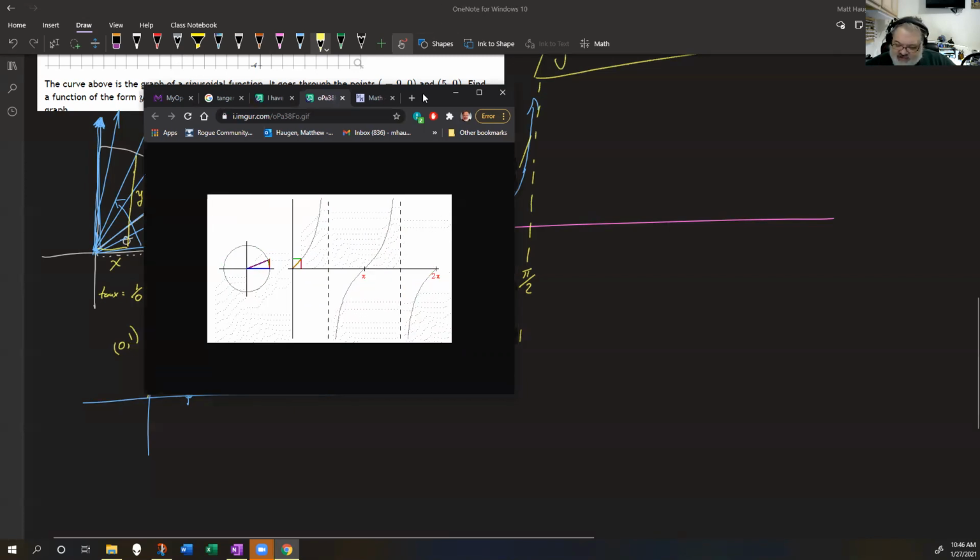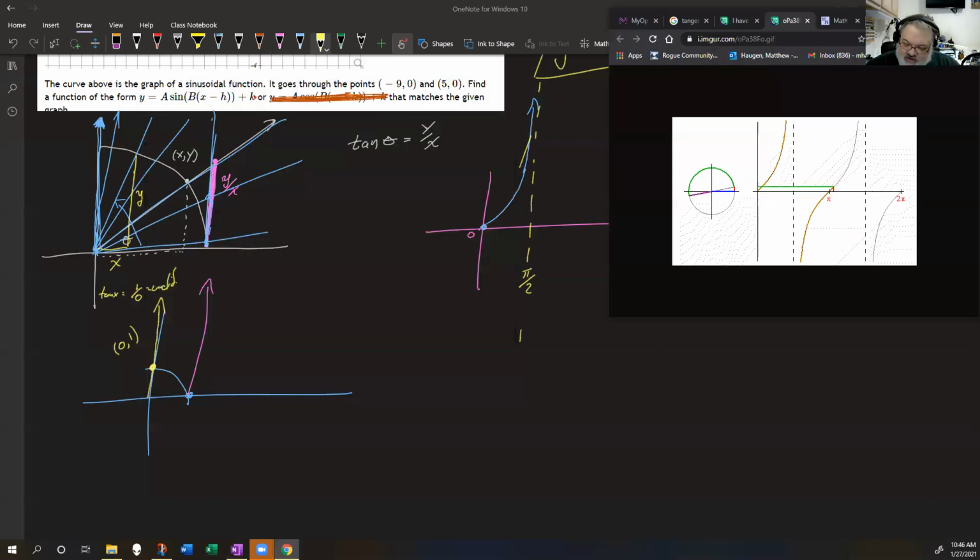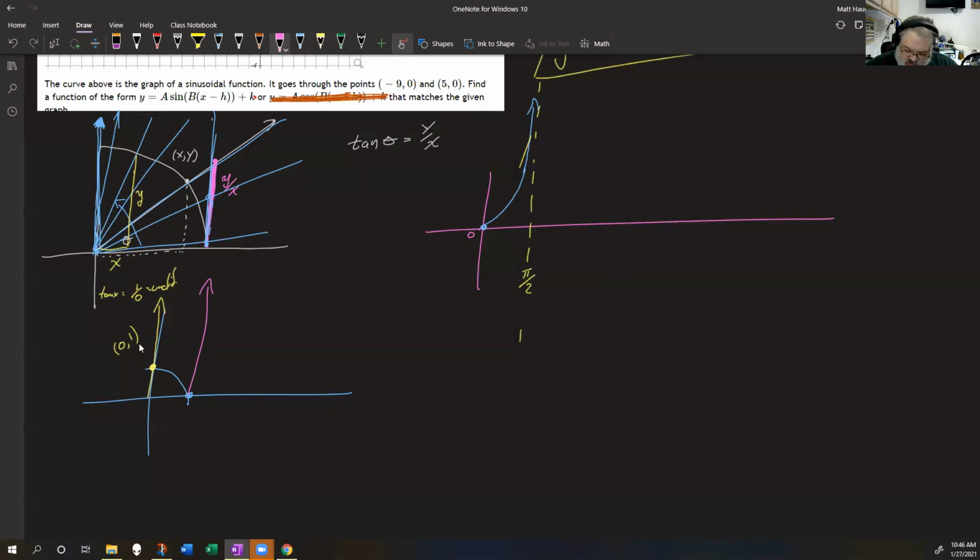So notice as it continues to go around, as our angle continues to go around this direction, and we got our circle, and we want to know, okay, how high on this line tangent to the curve?